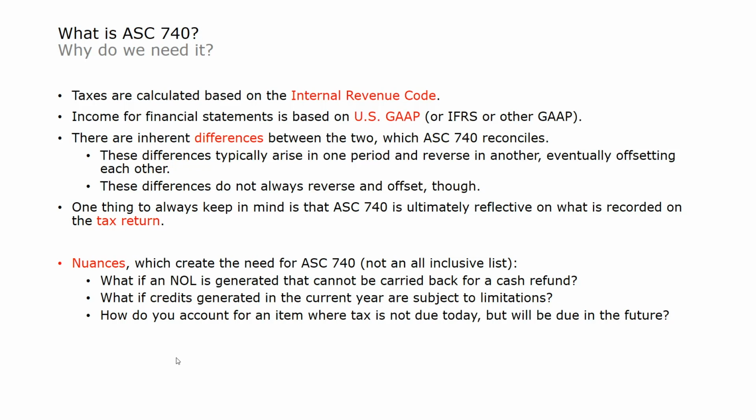So again, we're generating credits and we can't use them this year. What do we do with them? And then the last one, how do you account for an item where tax is not due today but will be due in the future? This is getting to our deferreds and our differences between book and tax.